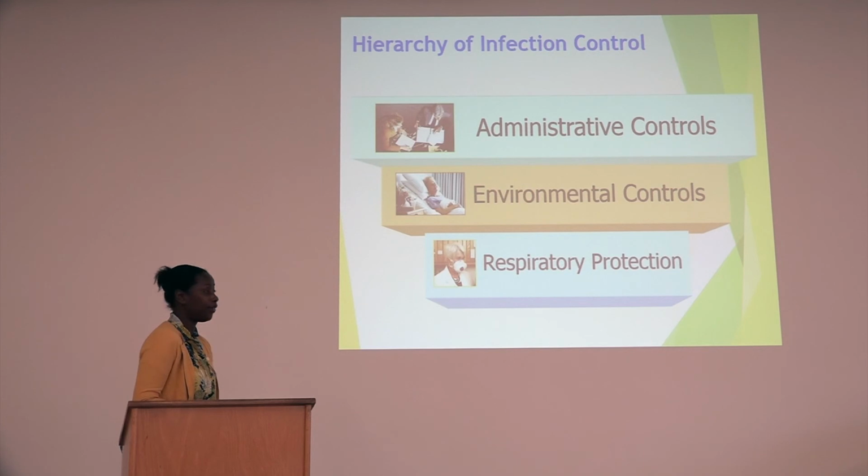We also have items such as the biohazard container for bloodborne pathogens and our sharps containers. And then we have respiratory protection, which is mainly the N95. It's called a respirator, and you get fit tested to make sure that you are wearing the most appropriate respirator when you go into an airborne isolation room.